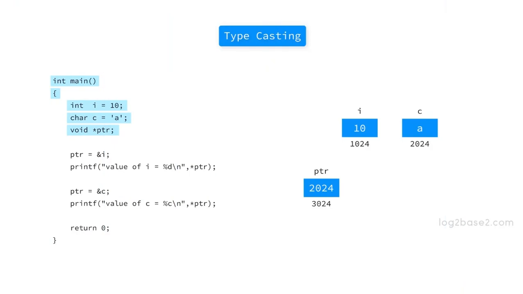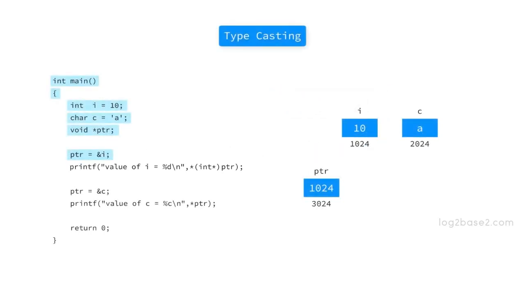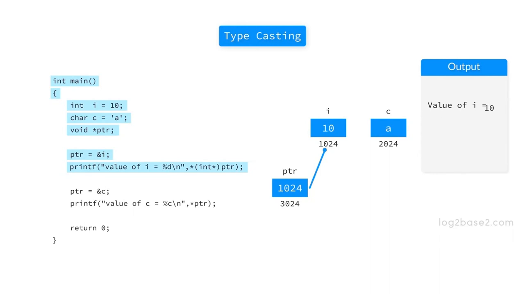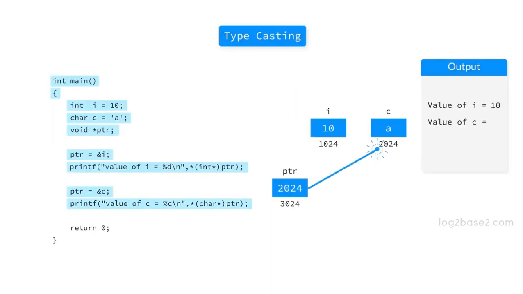We need to typecast the void pointer into the required data type before dereferencing it. See here, we typecast to integer. So the compiler will understand that this is an integer type and read 4 bytes. So it will correctly print the value 10. Now we store the address of c in ptr, and before we print it, we typecast it to character. So the compiler will read 1 byte and we get the correct output 'a'.